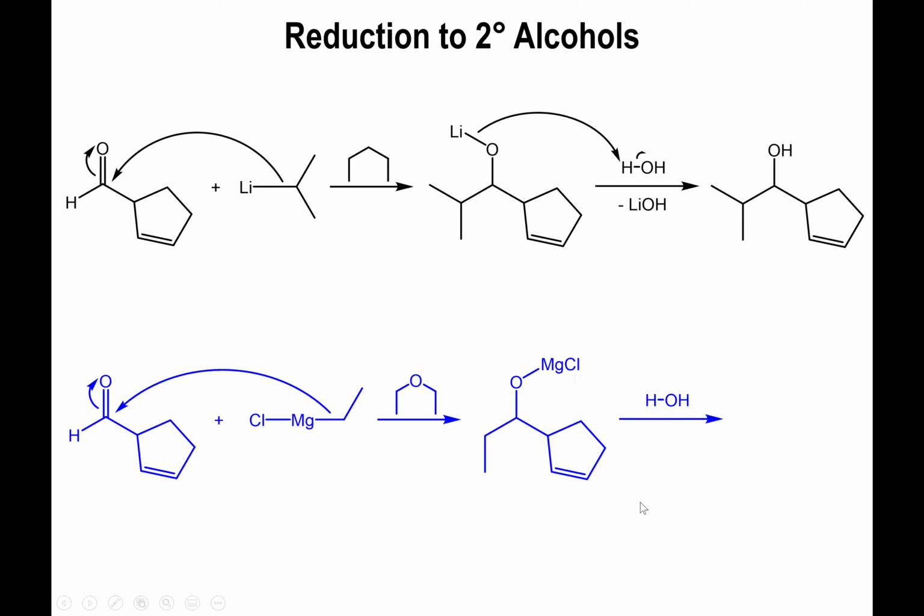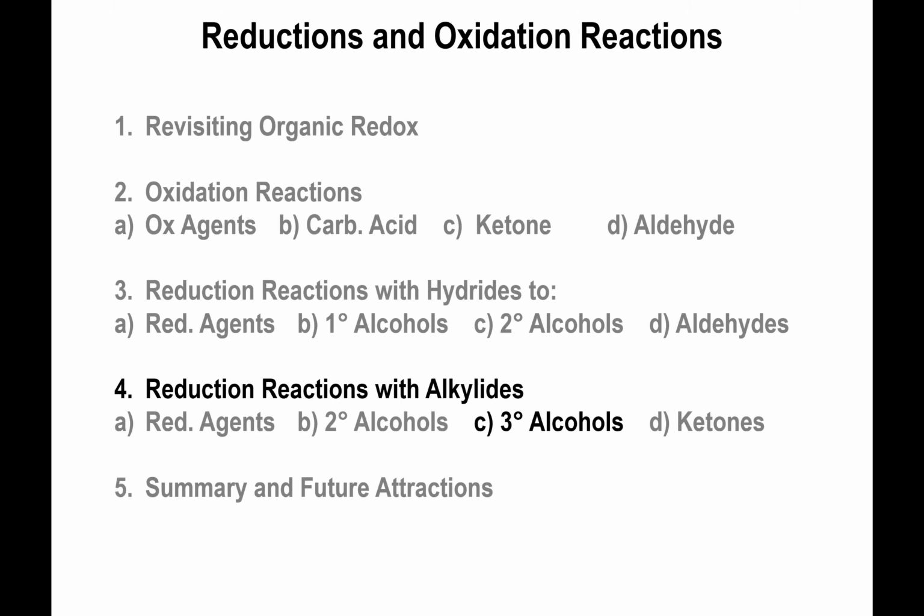And then finally we add water, which will quench the reaction because the alkoxide will attack the water, remove a proton, you end up kicking away hydroxide, and at the end you end up producing magnesium chloride and magnesium hydroxide, half and half of each. And let's not forget, this also will produce your secondary alcohol. Okay, so that's basically the mechanism for this reaction. There's really not a lot to it.